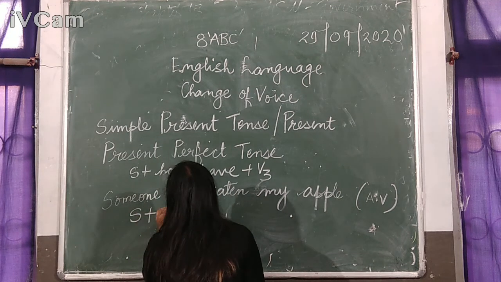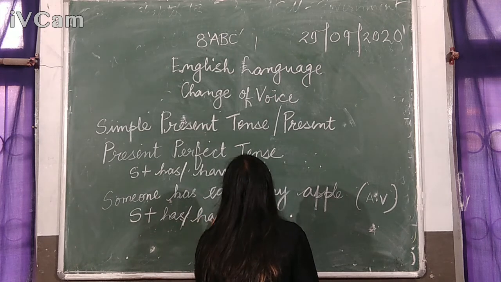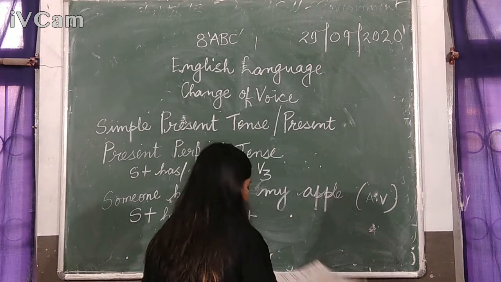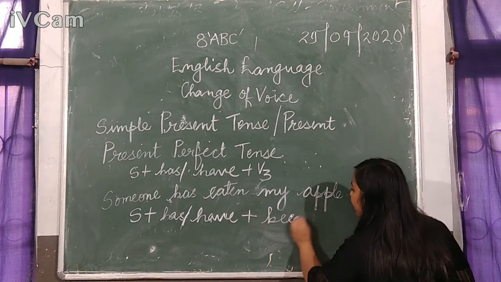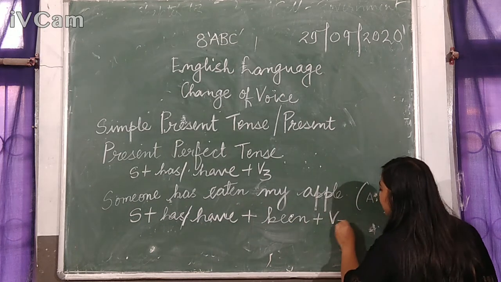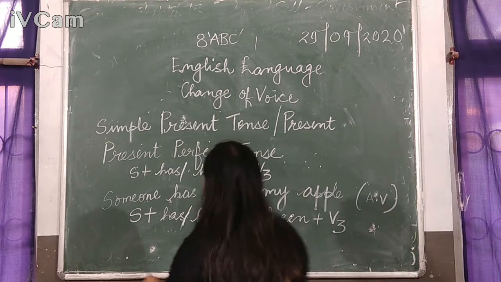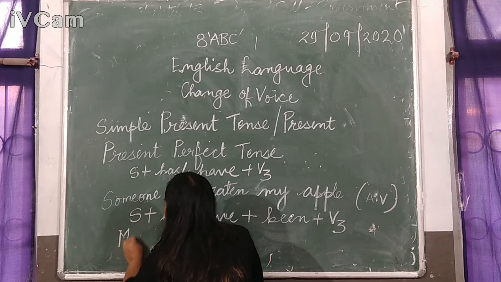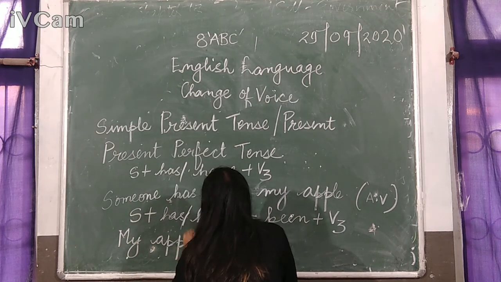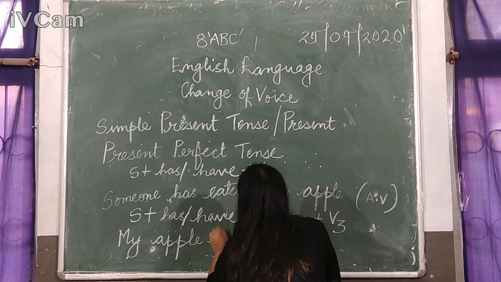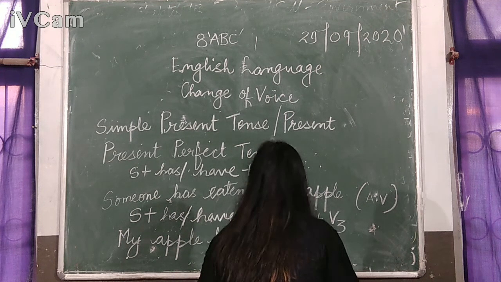Subject plus has, have, plus been. Has to be there. Been and the V3 form of the verb. Okay? Like my apple has been eaten. Okay?